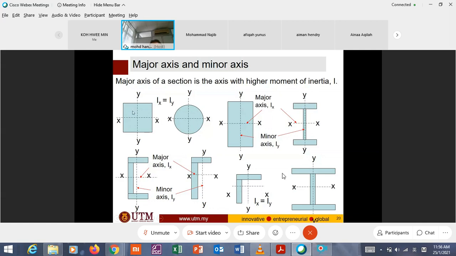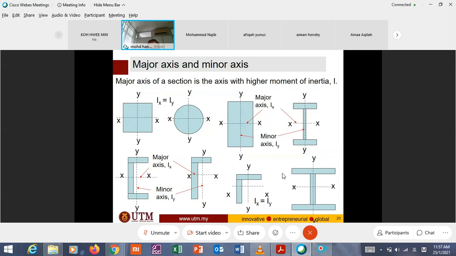This one is square. This one is circular. For square, the moment of inertia Ix and Iy are equal. Similarly for circular, Ix equal to Iy. And for circular, you also have Ixy.